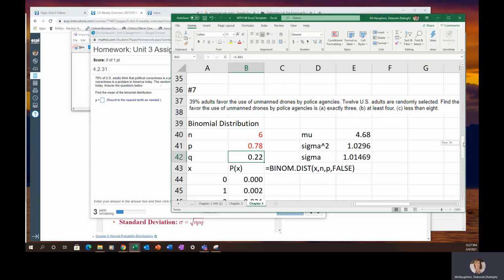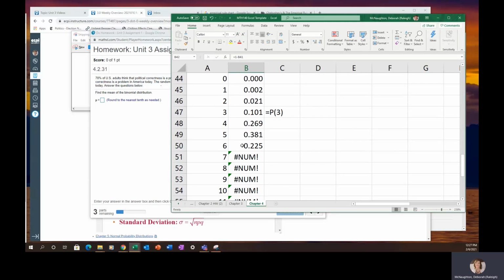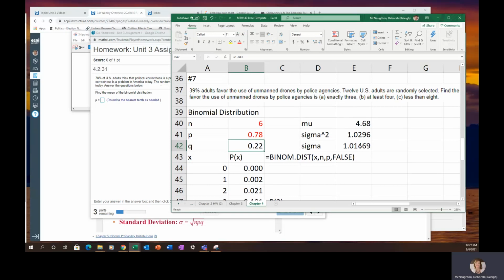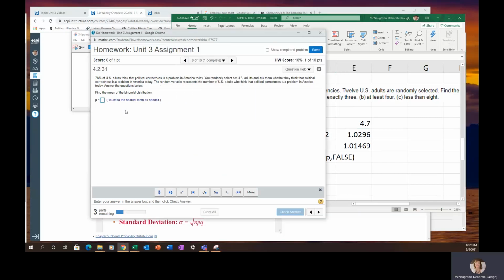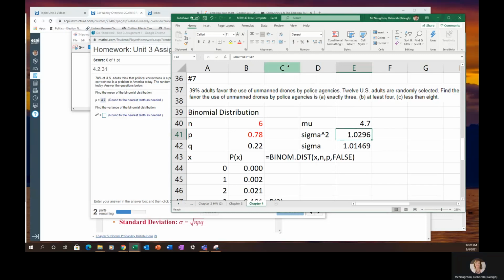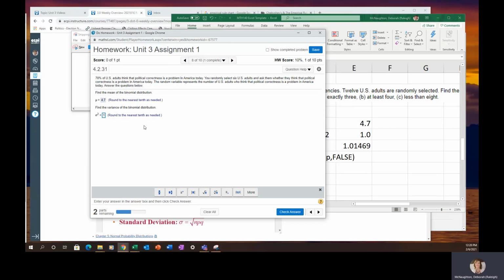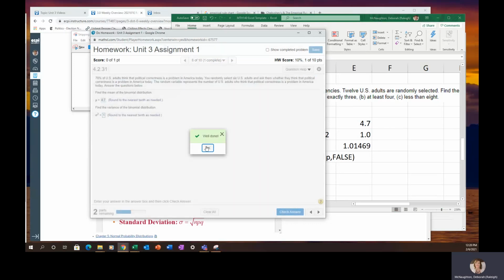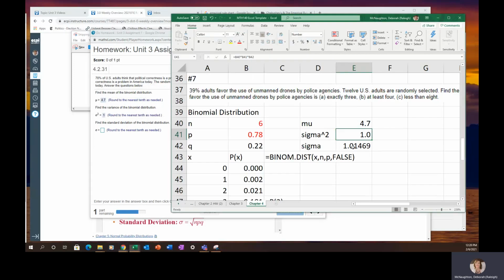Not only did it calculate my distribution, so if they ask me a probability question, and notice these are missing now because they're bigger than n, but here's also my mean to the nearest 10th, 4.7. My variance to the nearest 10th, 1. And my standard deviation to the nearest 10th, that's also going to be 1.